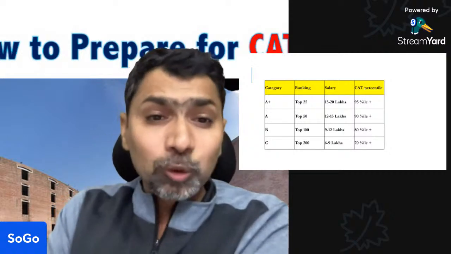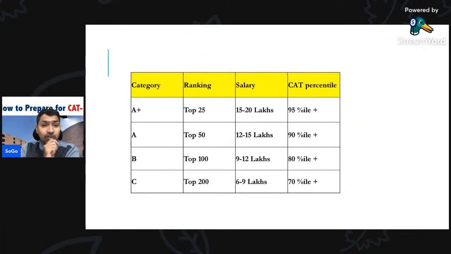Now what is the meaning of this, why is everyone's CAT different? Look at the screen carefully and try to understand. There are colleges which can be classified into, let us say, 4 broad categories. So this is the A plus colleges, A colleges, B colleges, and then C colleges. A plus colleges give you a salary package which is, minimum, 20 lakh rupees, right?